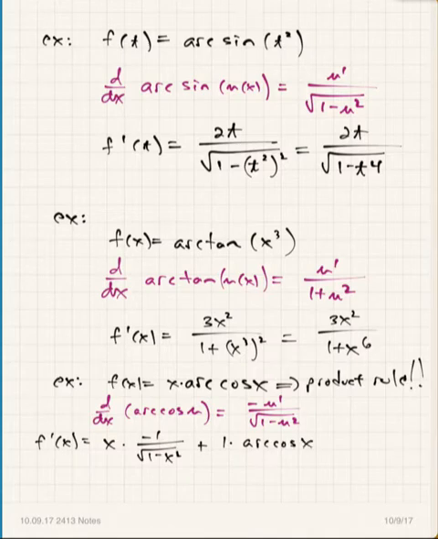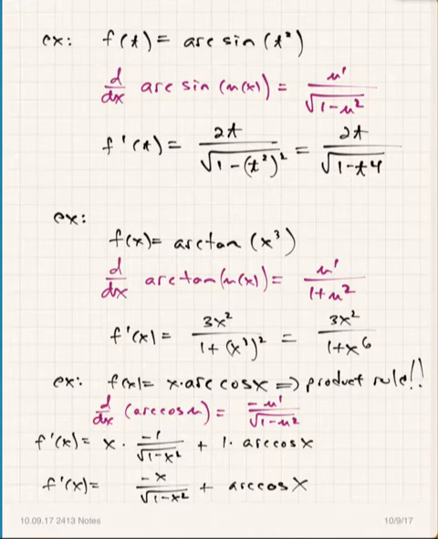So you'd say 1 times arc cosine x. All right, so f prime of x would be negative x over the square root of 1 minus x squared plus arc cosine x. Okay, so that shouldn't be too bad.